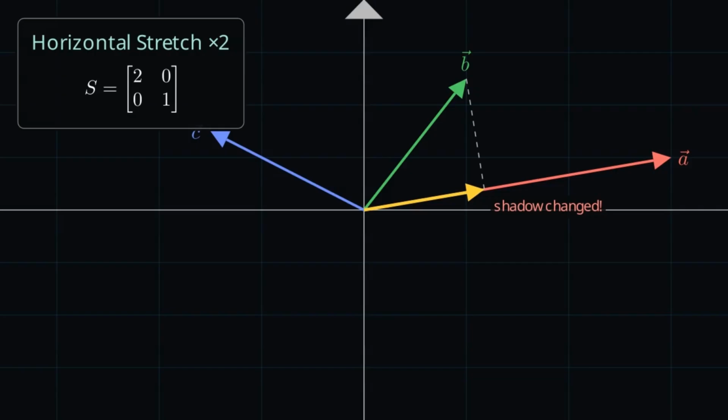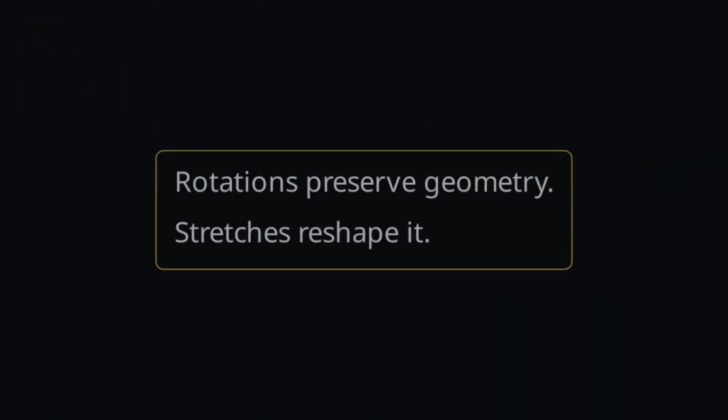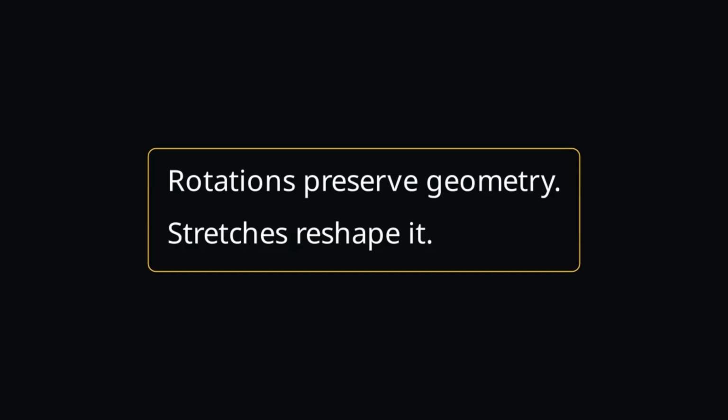The shadow of B onto A has a completely different length. Unlike rotation, a stretch distorts the relationships between vectors. Dot products and projections are not preserved. The key insight: rotations preserve the geometry of your vectors. Stretches reshape it. Understanding which transformations preserve what is at the heart of linear algebra.